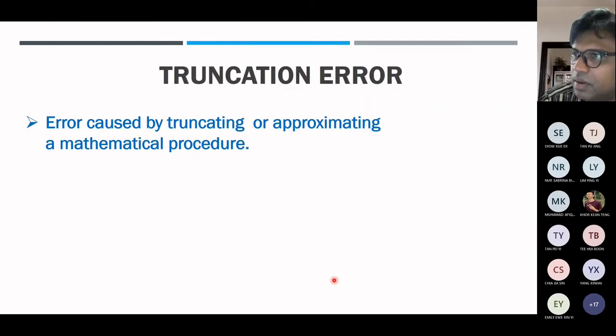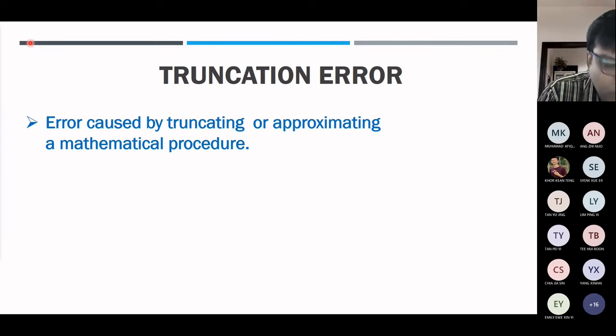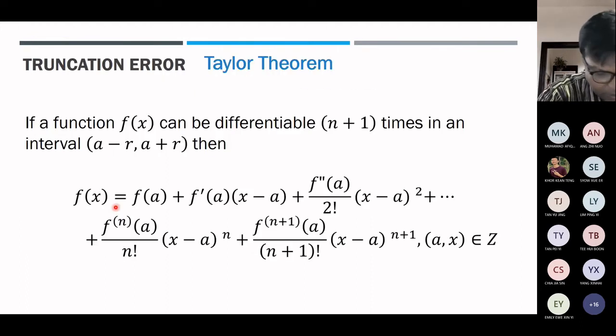Propagation error. When you look into any approximation, there will be some additional terms. I'm pretty sure you're familiar with the Taylor series equation; you have seen it before, even in secondary school.